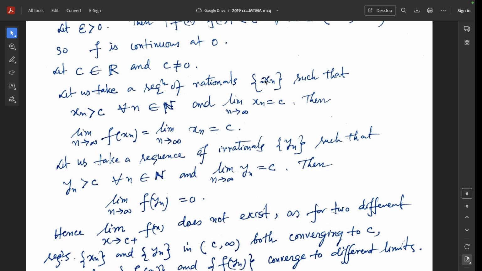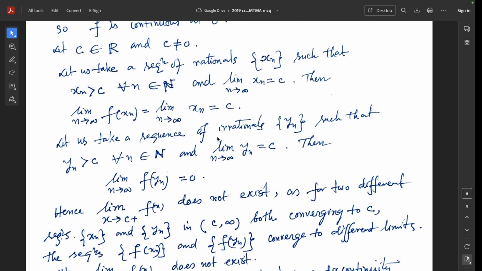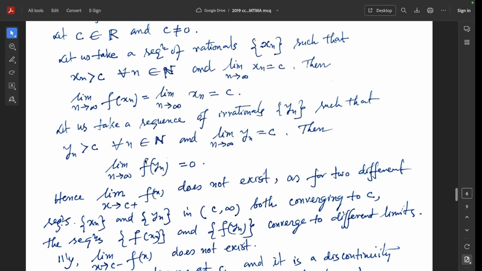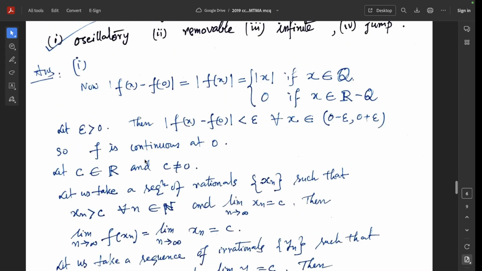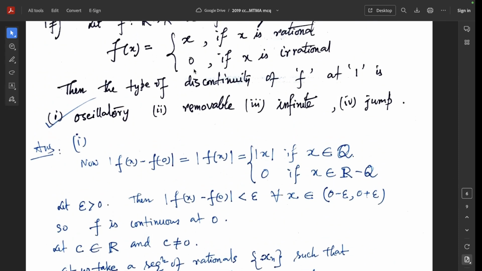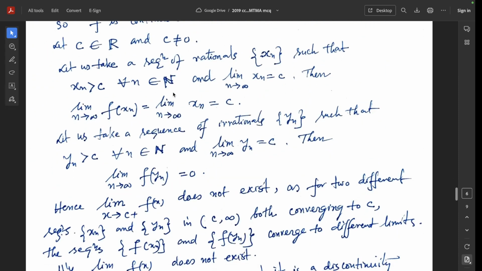We take a sequence of rationals x_n such that the limit of x_n as n tends to infinity equals c, with x_n greater than c. Let us take another sequence of irrationals y_n such that the limit of y_n equals c, with y_n greater than c for all n. For an irrational number f(x) equals 0, so we get the limit of f(y_n) equals 0.